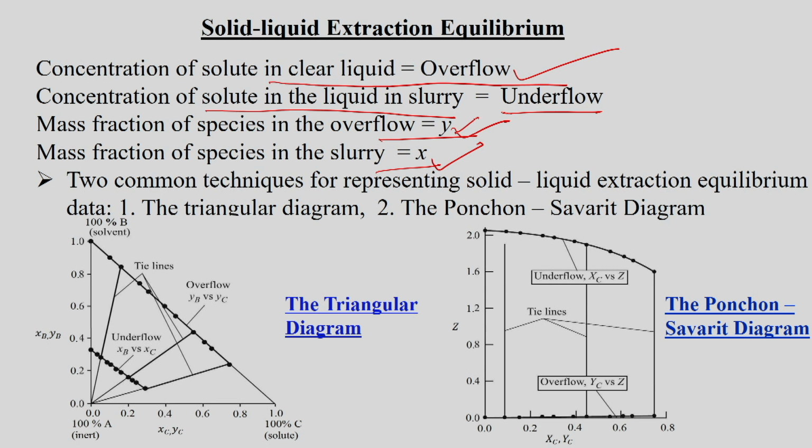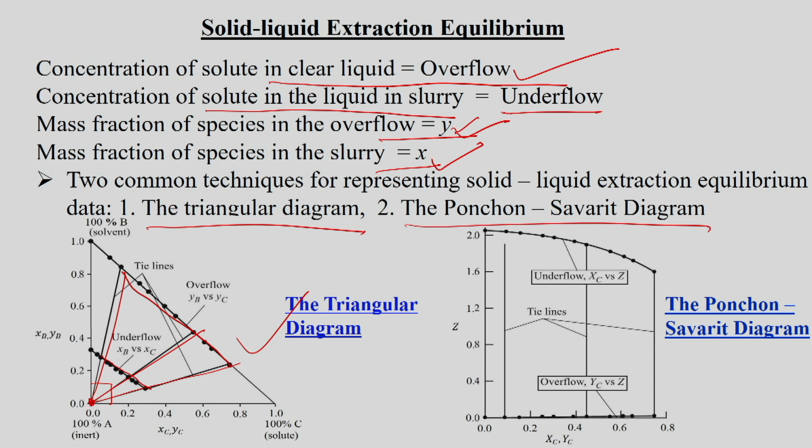Okay. The two common techniques for representing solid-liquid extraction equilibria data are the triangular diagram and the Ponchon-Savarit diagram. In the right-angle triangular diagram, the overflow lies on the BC line, the underflow lies in between, and all the tie lines originate from the A point, that is the inert solid point.